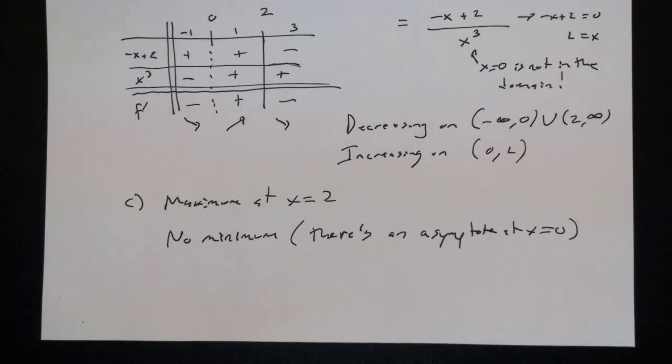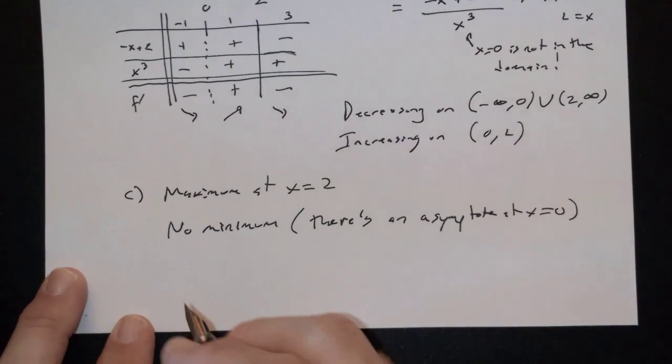But it doesn't just ask me where the maximum occurs. It asks me for the maximum value. How do I find that? Plug it in. Take 2, plug it into the original equation.